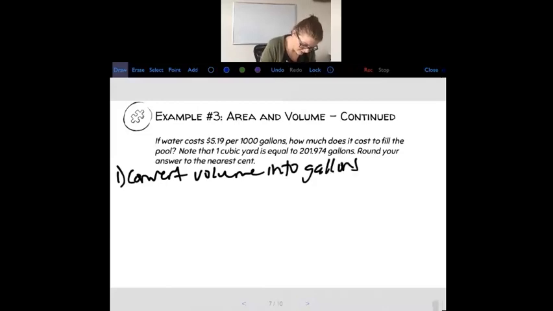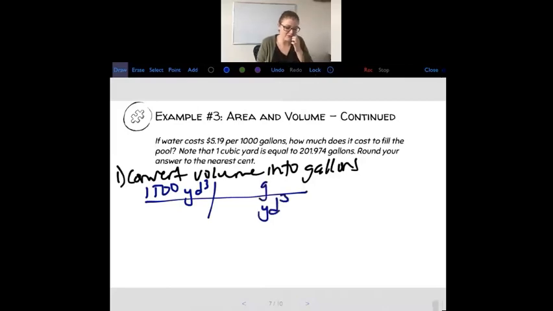Okay, so we were given 1,500 cubic yards, and we're given that 1 cubic yard, I'm just going to use G for gallon, is equivalent to 201.974 gallons. I'm going to break this up into a couple steps, but you could use the same setup in order to calculate cost, but I'll do that in step 2.